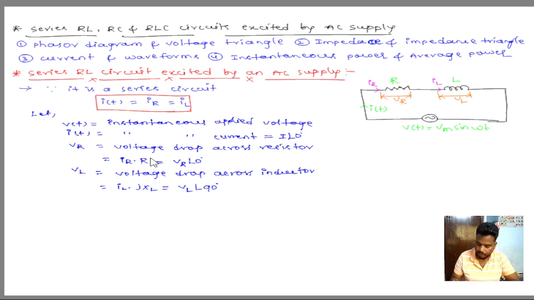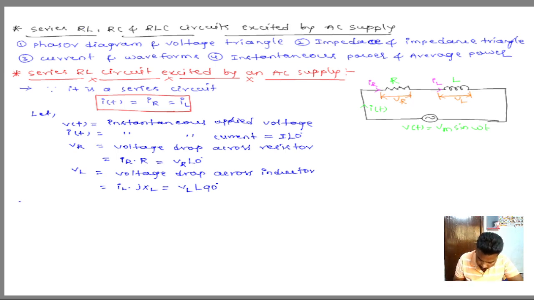With respect to current, the voltage drop across the inductor is leading current by 90 degrees. This is the main point. Then these are the things from the circuit.